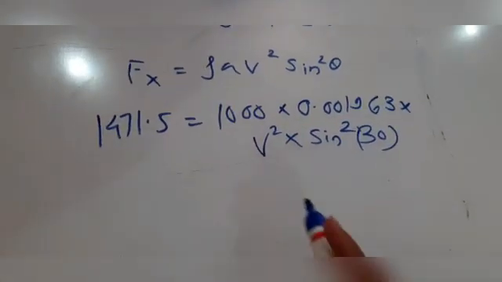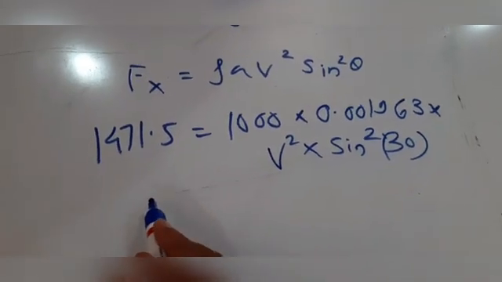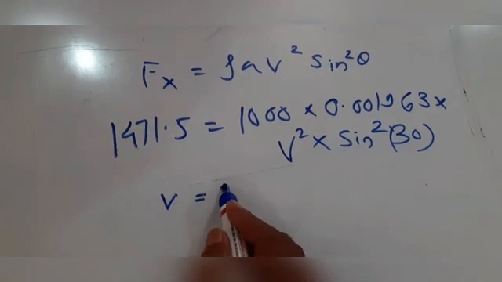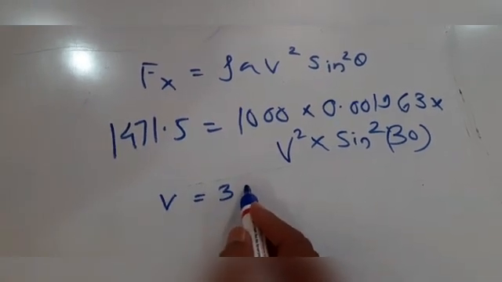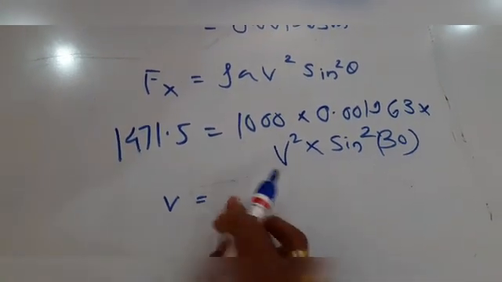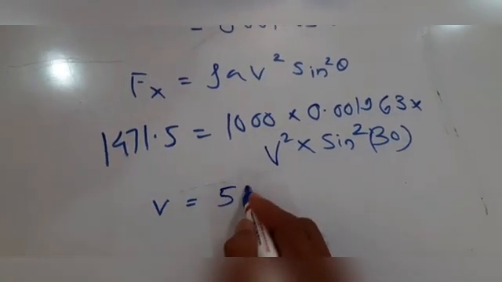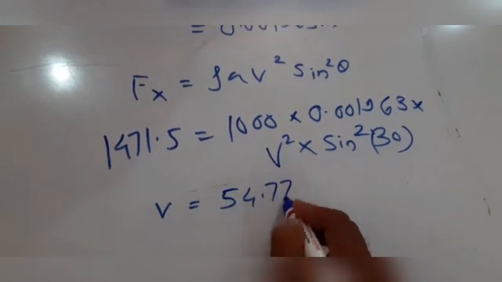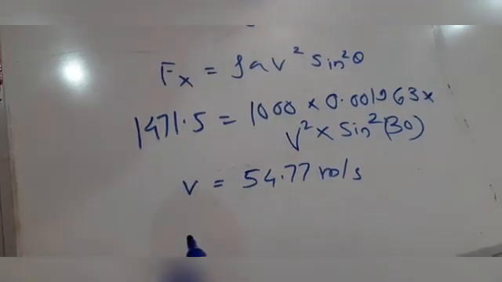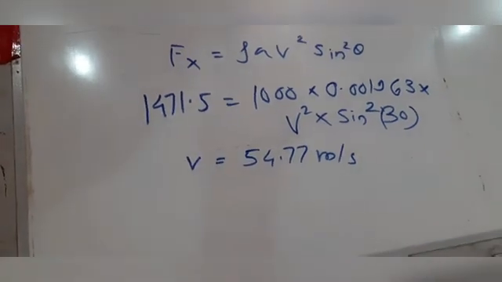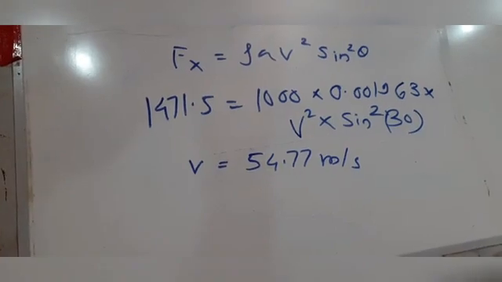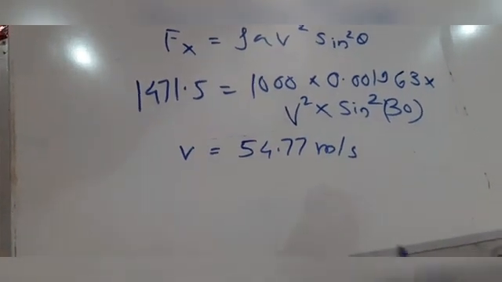So here we have to find the value of V. This value comes 54.77 meter per second.